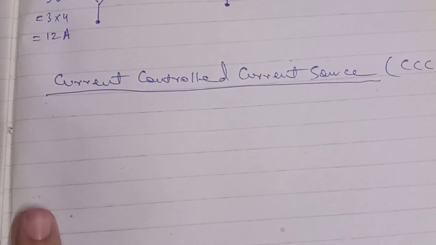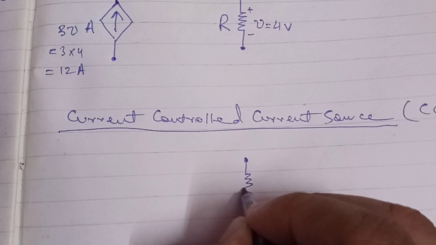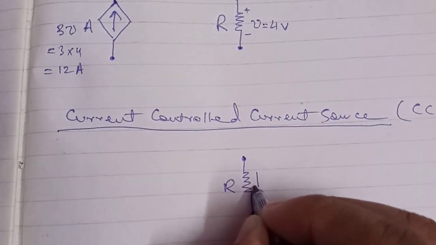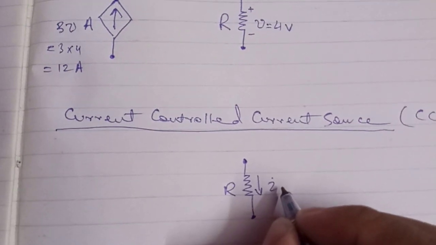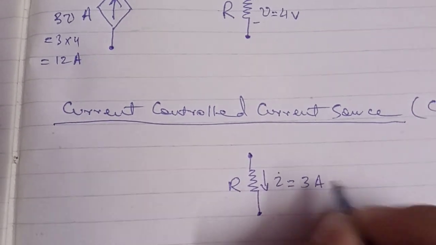It depends on the current flowing through the resistor. Again, take an example of a resistor. R is the symbol, the current flowing through it is small i, and small i is equal to, for example, 3 amperes.